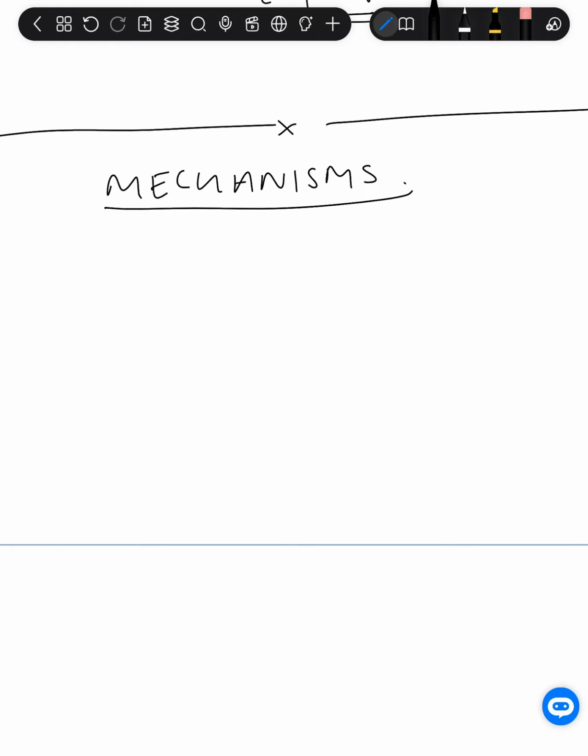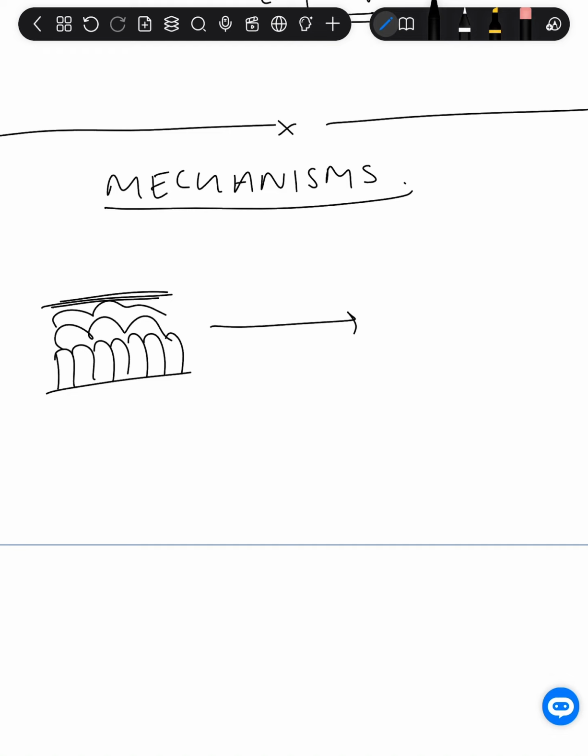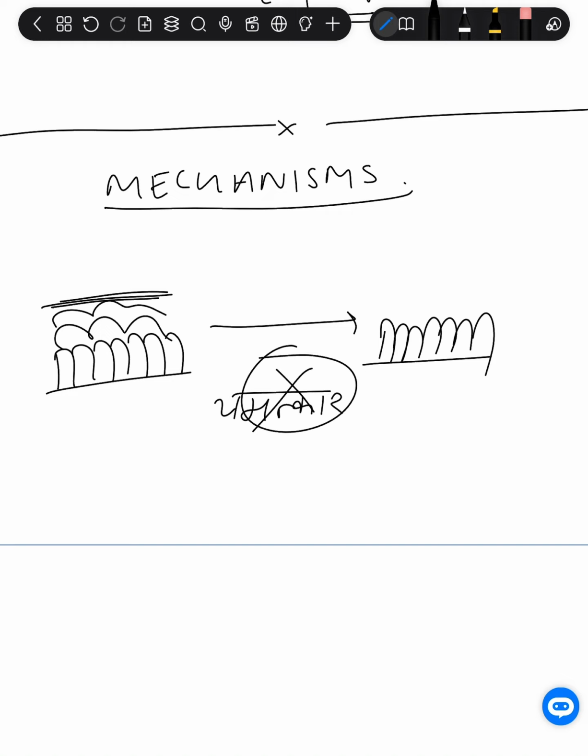First of all, be clear about this. If you are thinking about this mechanism, just drop it, because it's absolutely wrong. If you think this was a normal epithelium, say squamous, and out of nowhere, by some miracle, it suddenly changed into columnar, there is no miracle happening, please.